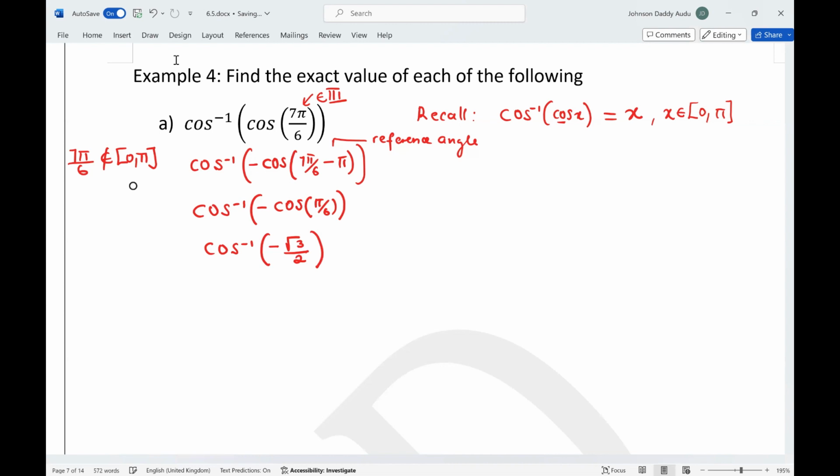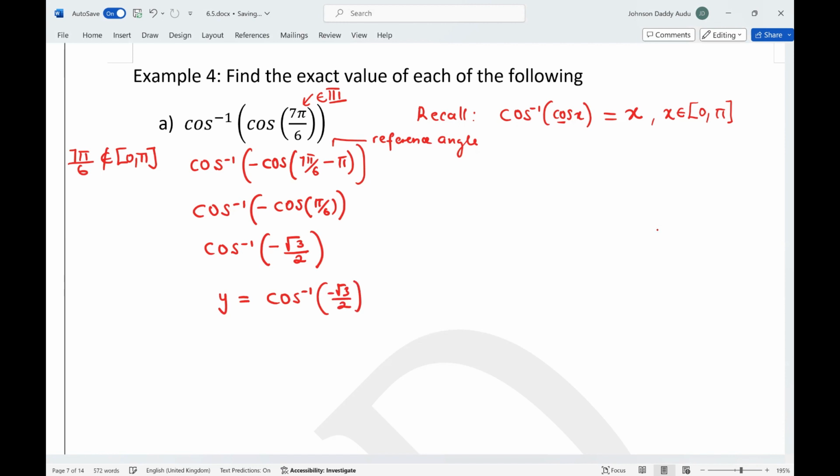Okay, so this is back to what we did earlier. How can we solve this one? We use the same procedure as in the last video. To solve this type, we say that y is cosine inverse of minus root 3 over 2.